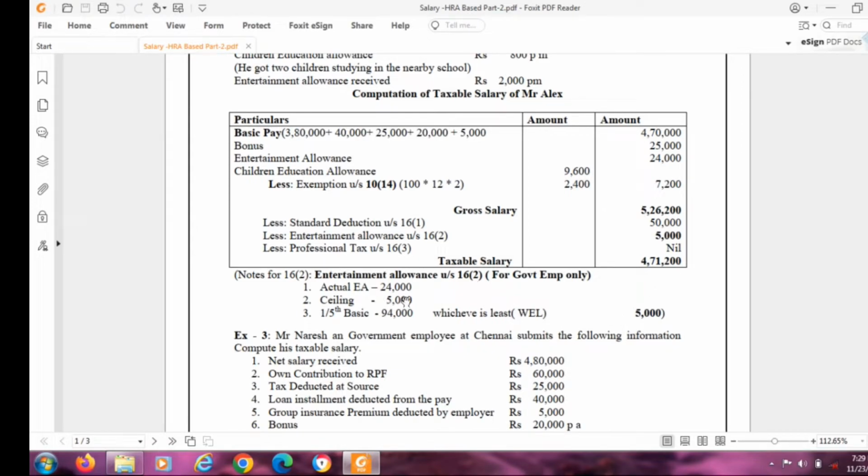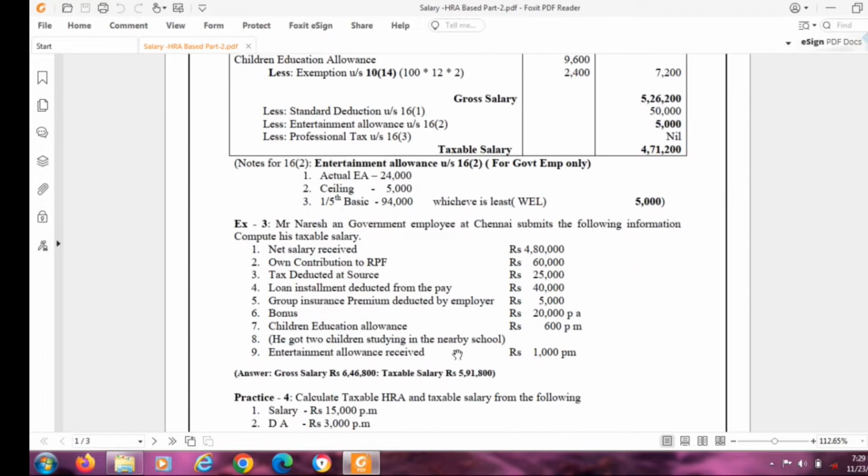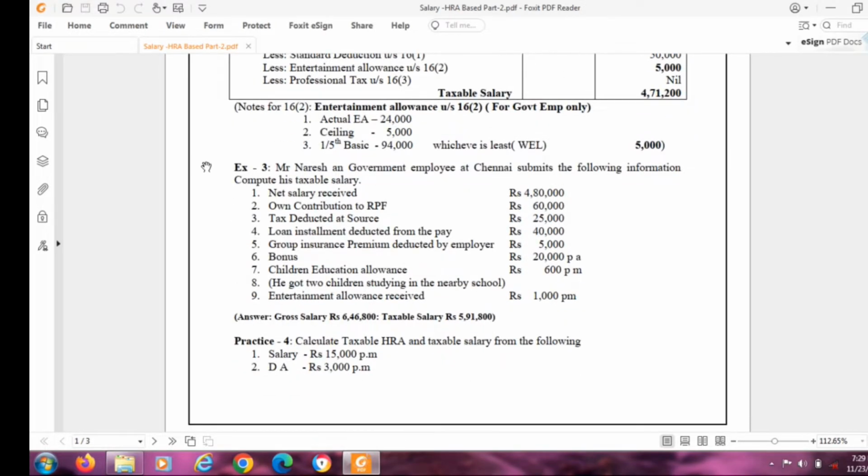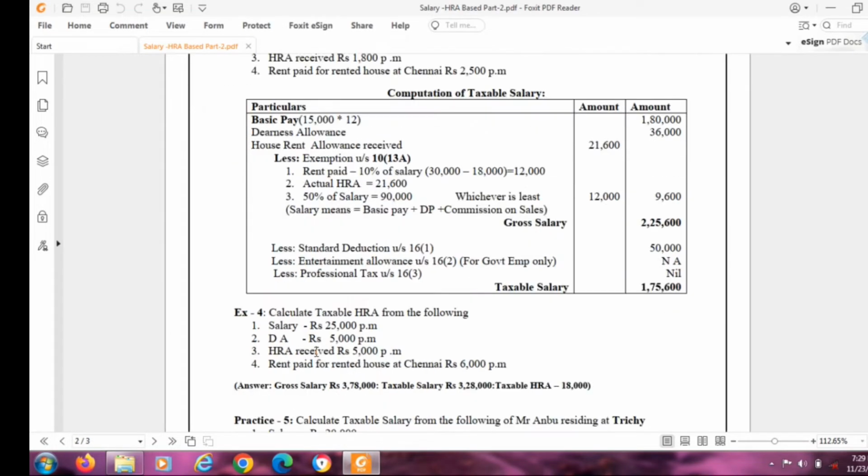Basic pay 15,000 per month into 12, 1,80,000. DA 3,000 per month, so that's 36,000. House rent allowance received 1,800 per month into 12, so 21,600 is actual. Less, we can claim exemption under section 10(13A). Rent paid minus 10% of salary. Rent paid is 2,500 per month into 12, so 30,000. Less 10% of salary.